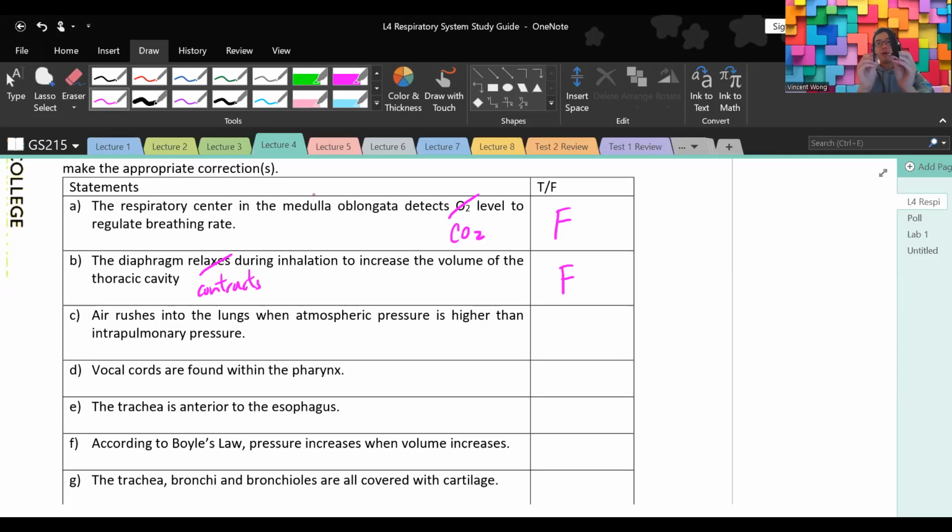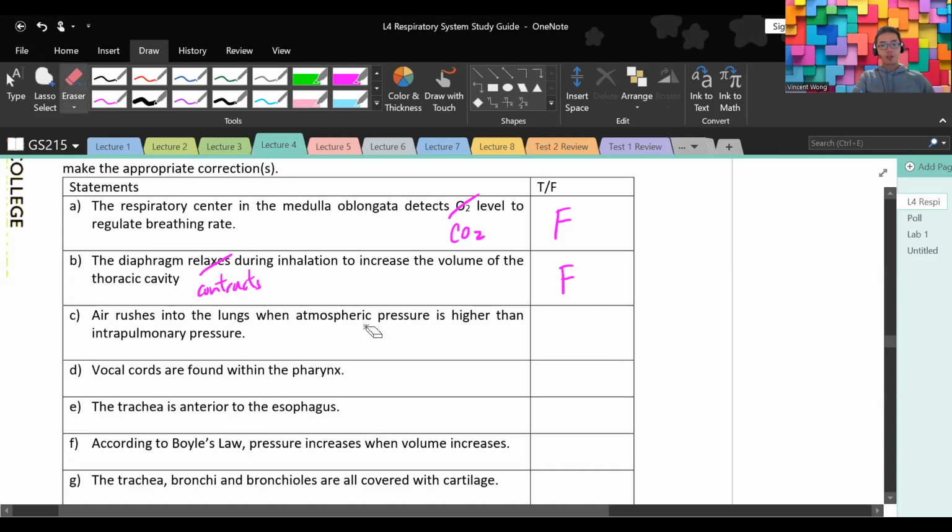Breathe out, breathe in. Next, air rushes into the lungs when atmospheric pressure, PA, is greater than PI. That's true. We talked about this. When the pressure on the outside is bigger than the inside, air will rush in and you will be inhaling.